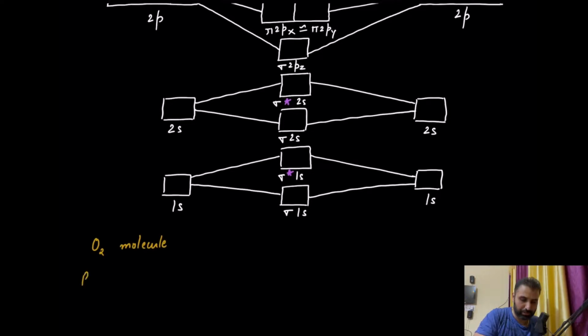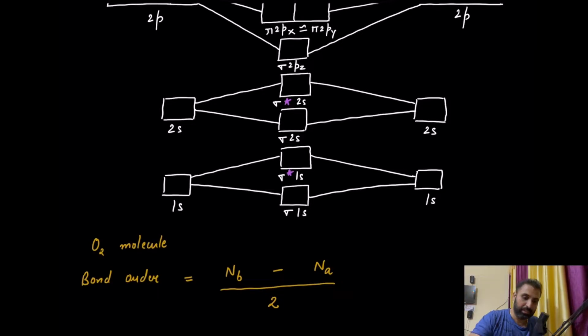What's the formula to evaluate the bond order? In the previous lecture, we have done that: number of bonding electrons minus number of anti-bonding electrons, divided by 2.